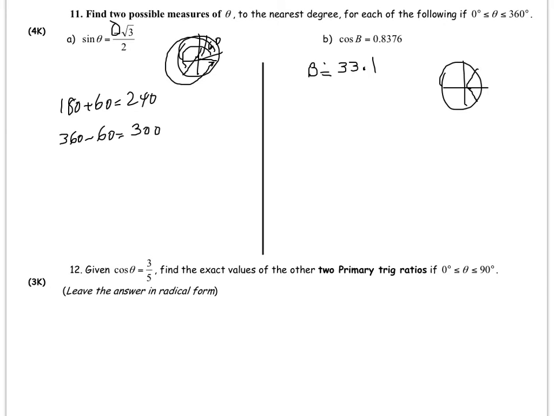So the next angle is 360 minus 33.1, which is going to be 326.9. Now, as a check, you can use your calculator and you can find cos of 33.1 or 326.9, and you will see that the answer is 0.8376.